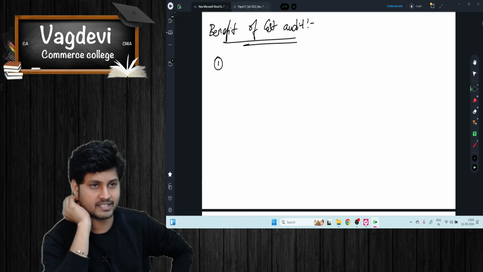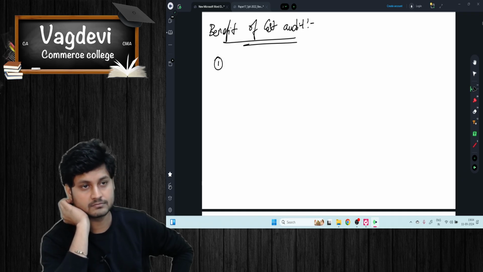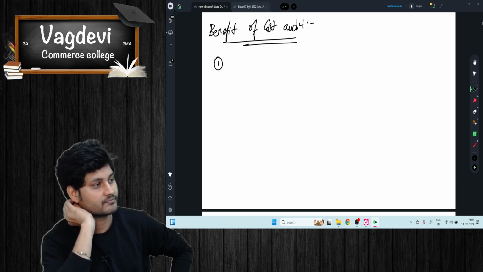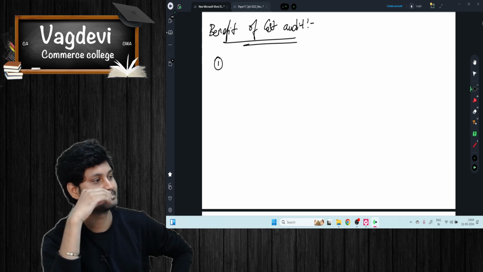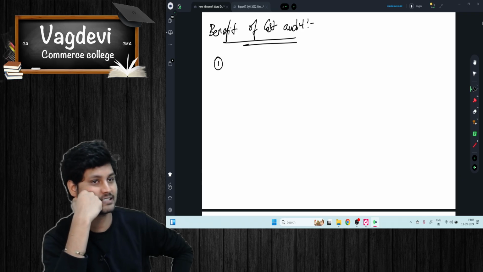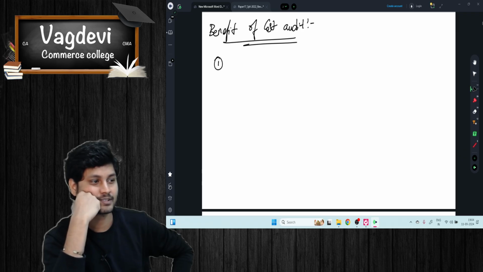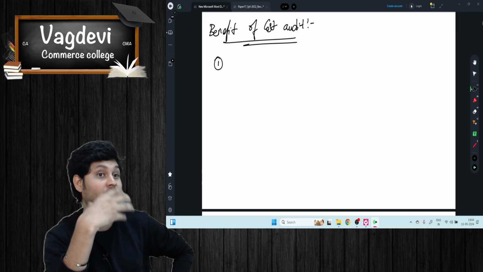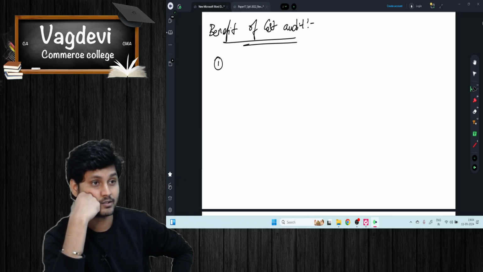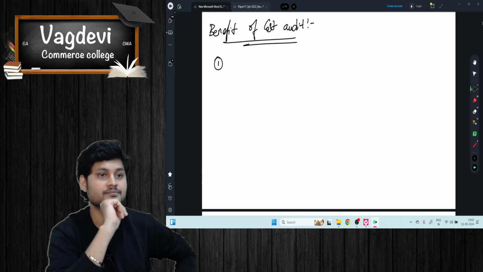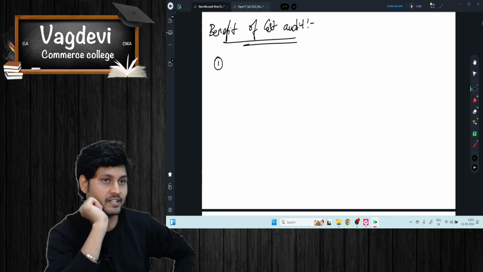Can you name two or three industries? Industry, not company. Petroleum industry, automobile industry, telecommunication industry, sugar industry, pharma industry, cement industry. So 44 industries needed to follow the maintenance of cost records provisions of the 1956 Act.